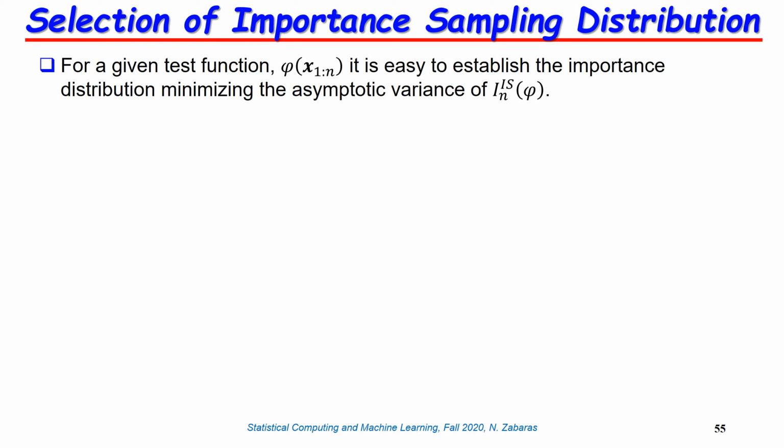Now, when we discussed importance sampling, I gave you results for the optimal proposal distribution, so you can go back and review those slides.